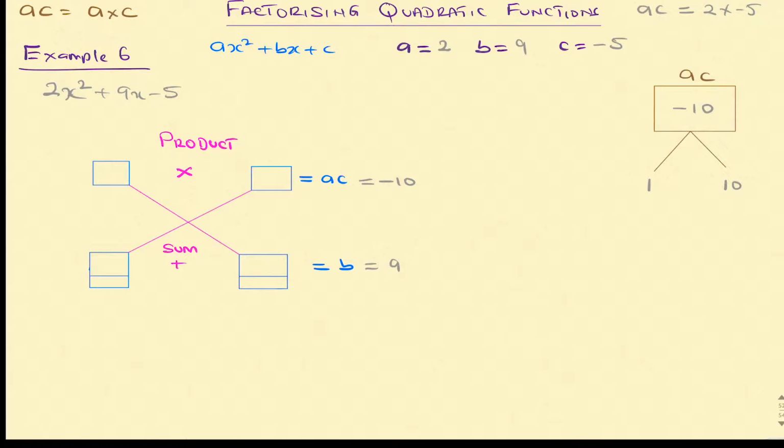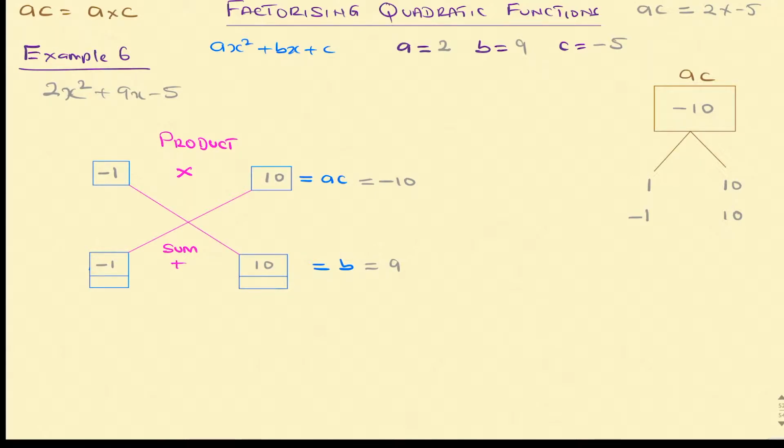What about minus 1 and plus 10? Well, minus 1 plus 10 is plus 9. So our numbers are minus 1 and 10. So in the boxes, put minus 1 and 10. In the bottom box, numerator, put minus 1 and 10.